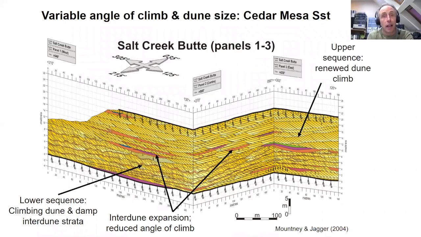And then in the very middle layers, these units seem to expand and become more laterally extensive, but also thicker, and they're filled with deposits that are indicative of a wet surface. So things like wave ripple strata, much more argillaceous sediments, finer grained silts and muds that have been trapped on a wet surface.